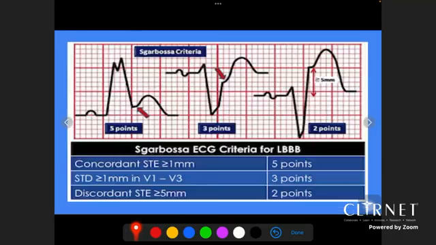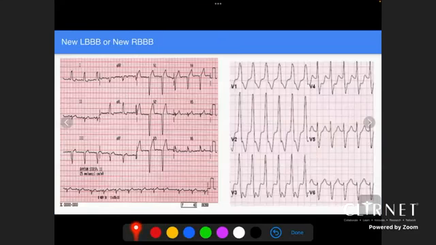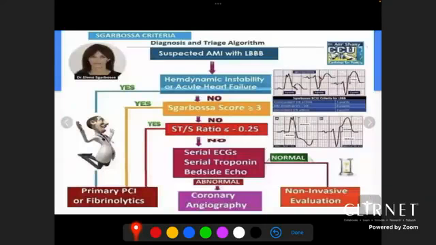Again, this is Sgarbossa criteria: ST elevation, and here ST depression, and here more than 25%. So new left bundle, or left bundle with Sgarbossa criteria, or unknown left bundle plus a hemodynamically unstable patient.